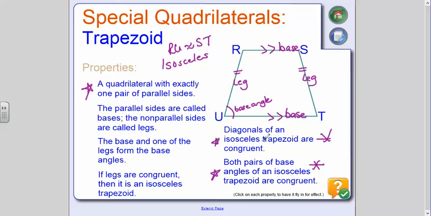And you want to be sure and note that in order for it to be isosceles, the legs must be congruent. So you would write this on the sides part of your notes. This would go on the diagonals portion of your notes. And this would go on the angles portion of your notes.